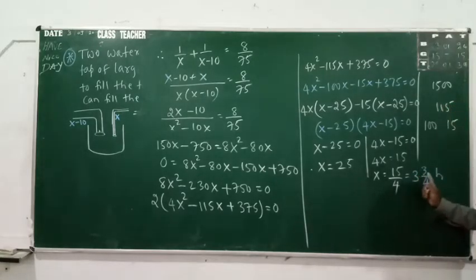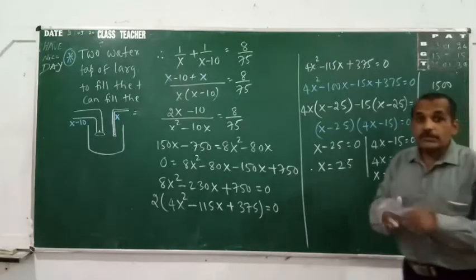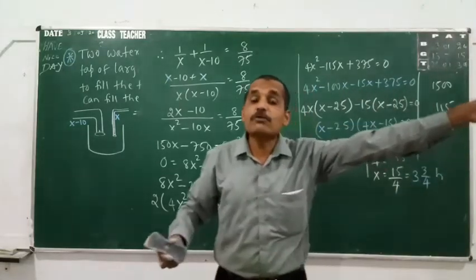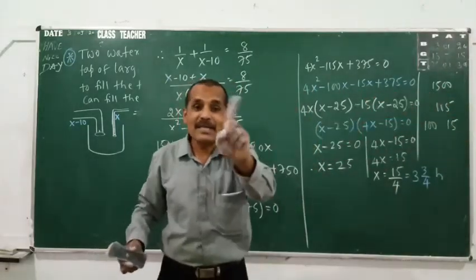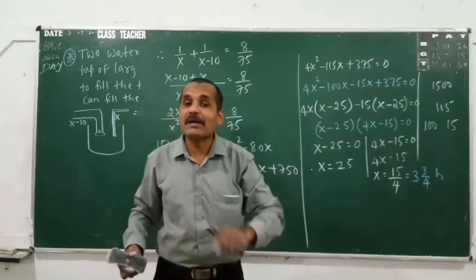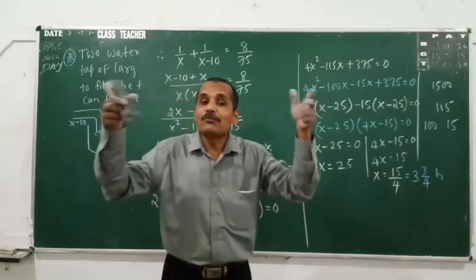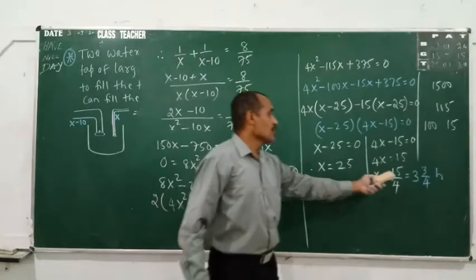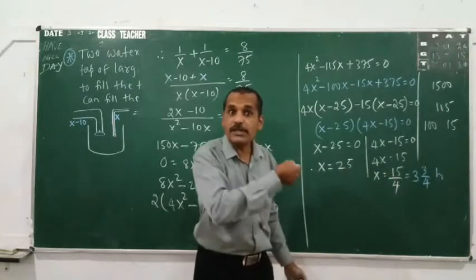Now, if this is the time taken by the smaller tap, then 10 hours less means it goes to minus. Minus cannot be the time taken by the tap to fill the tank. So, these things you should know.